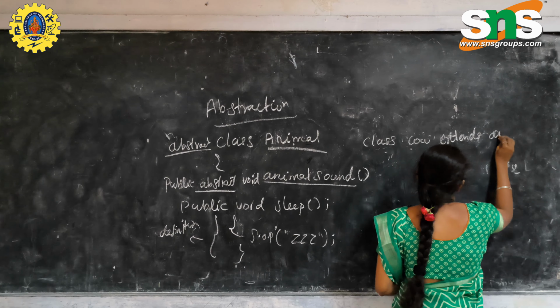In this I define public void animalSound. The animalSound I already defined as an abstract method, so you need not define it there, but you use this method when you need it.